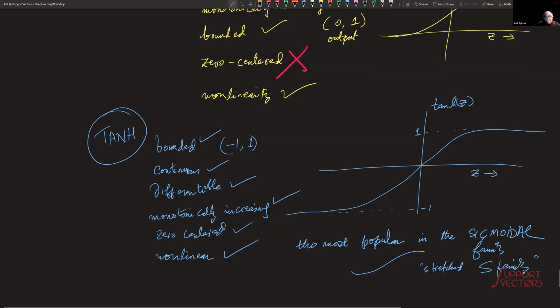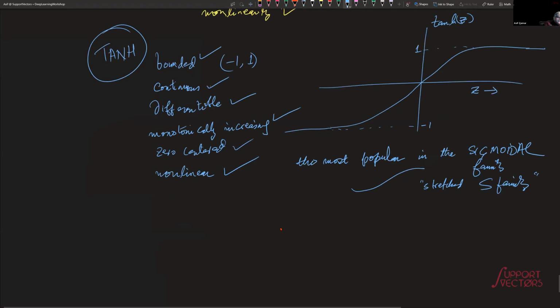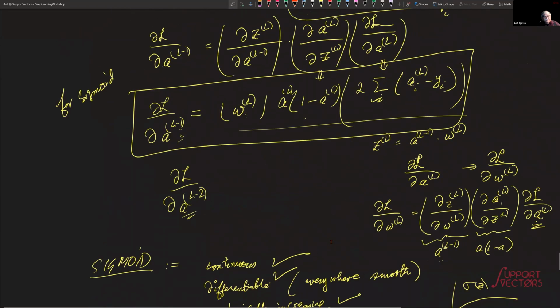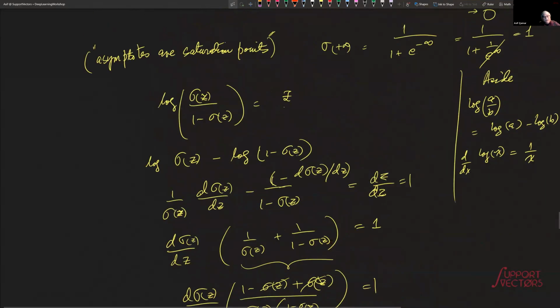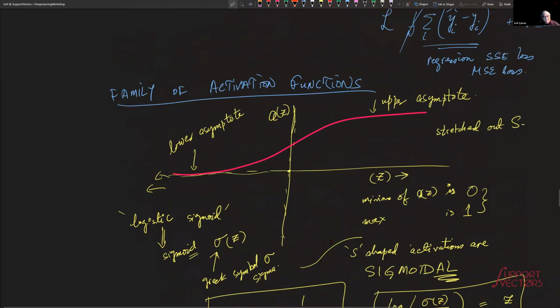What does it look like? Tanh is e to the z minus e to the minus z, over e to the z plus e to the minus z. You notice that this looks surprisingly similar to the ordinary sigmoid, the logistic function.